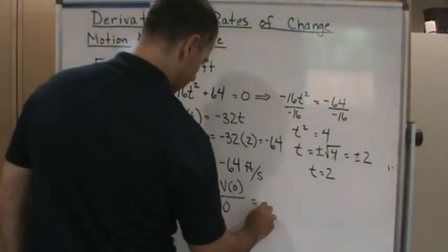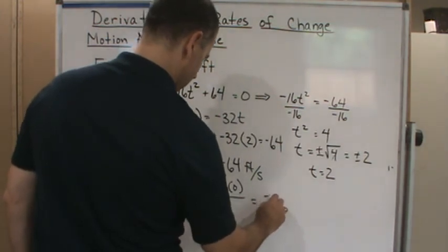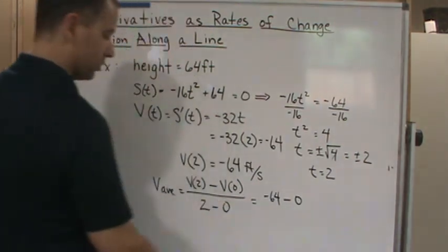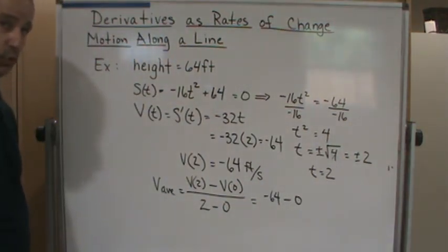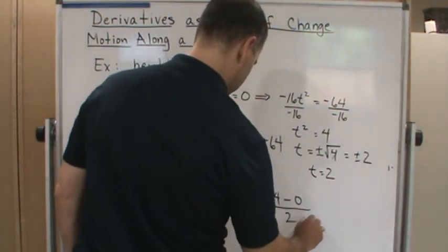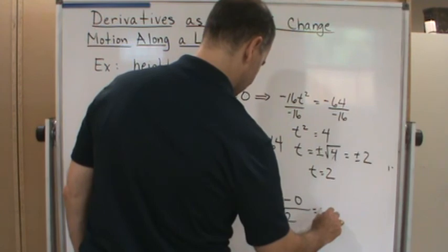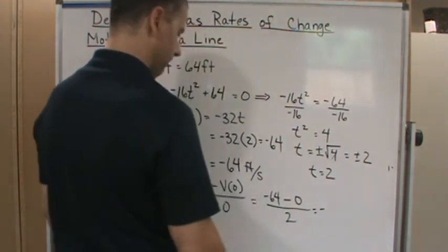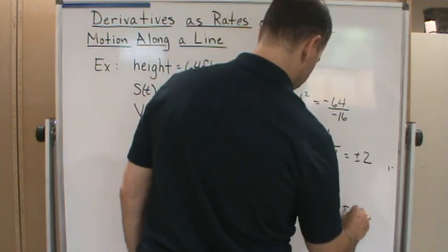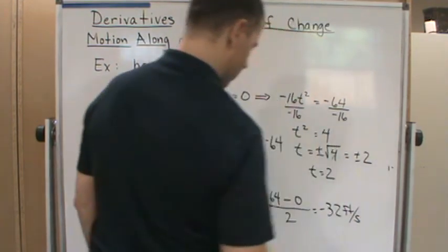So this is going to be negative 64 minus 0, because it was not moving at t equals 0, over 2. So this is going to be negative 32 feet per second.